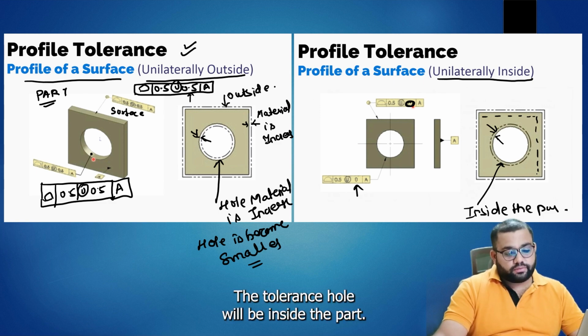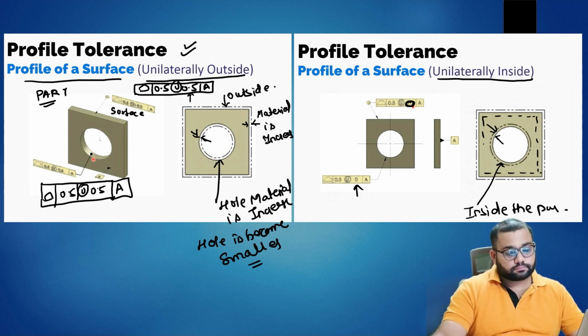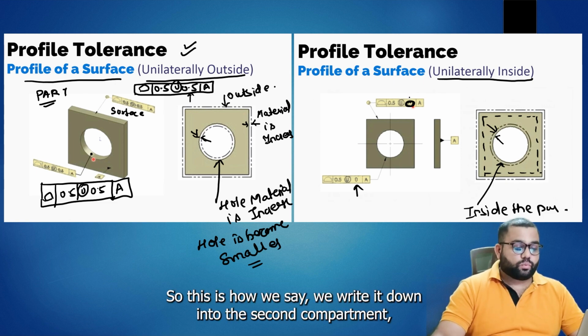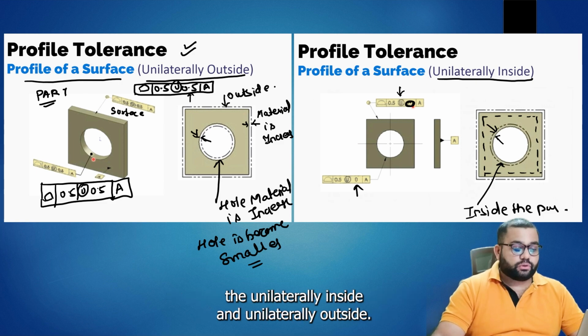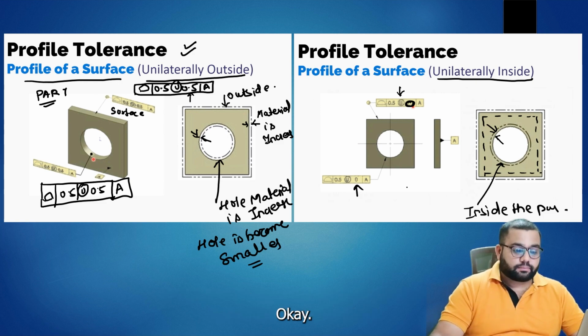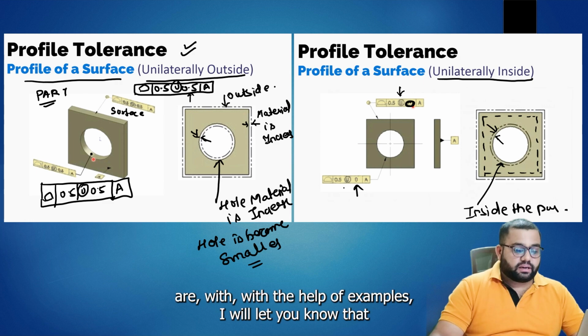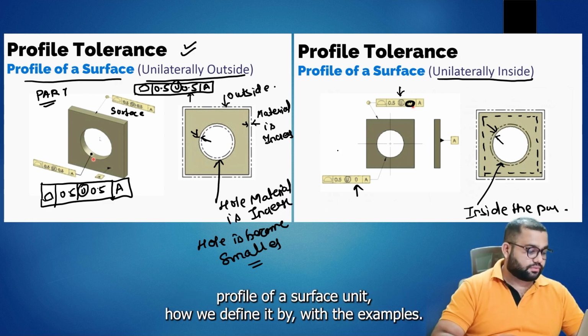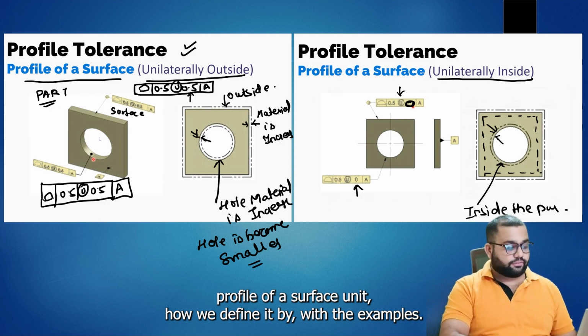The tolerance zone will be inside the part. Okay. So this is how we write the unilaterally inside and unilaterally outside. Whenever we are making zero over here, it means it is inside the part. With the help of examples, I will let you know how we define the profile of a surface.